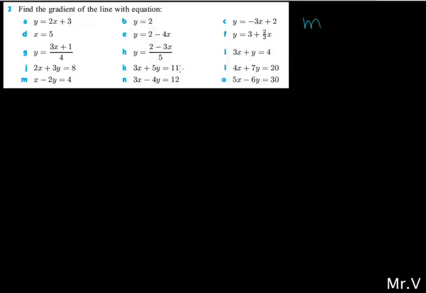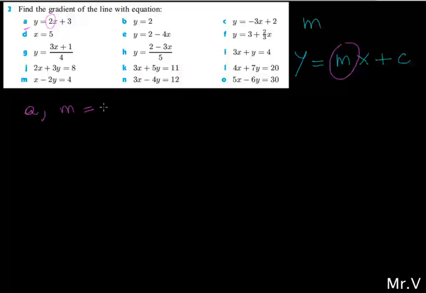What I have to do, the simple way, is trying to have my equation of the line in this form, and I definitely identify the gradient. So for the first question, simply just by looking, you know that the slope, or the gradient, will be equal to 2. Done.